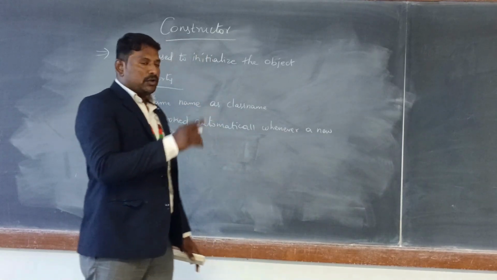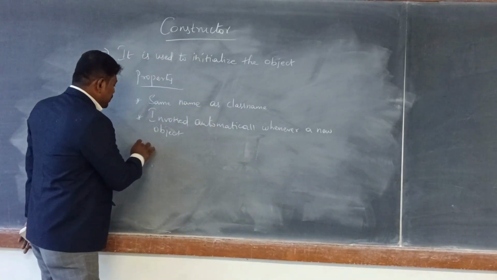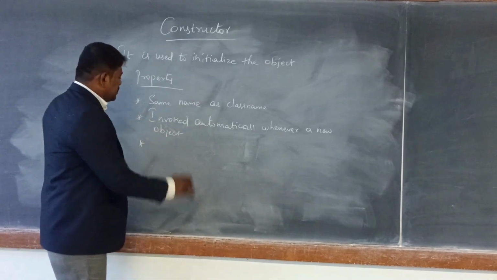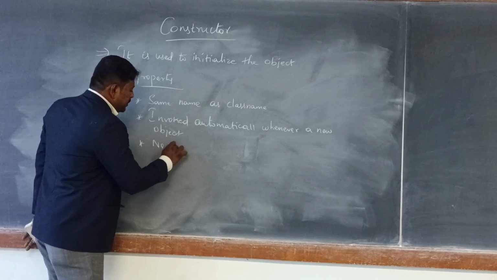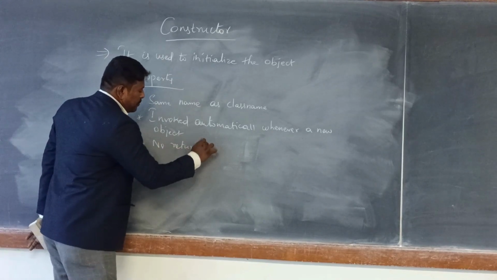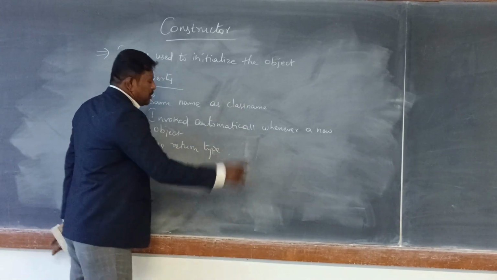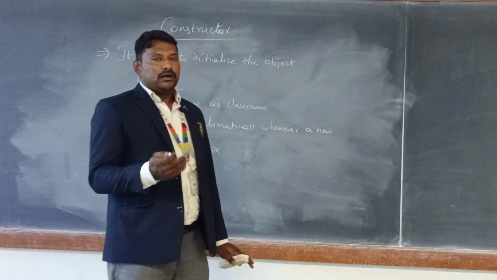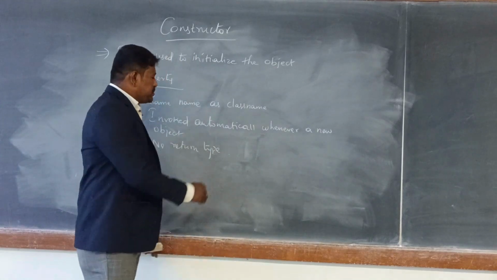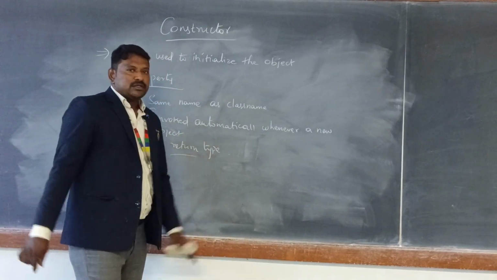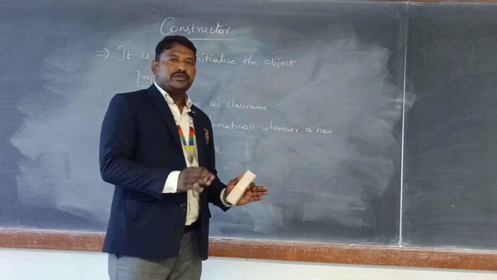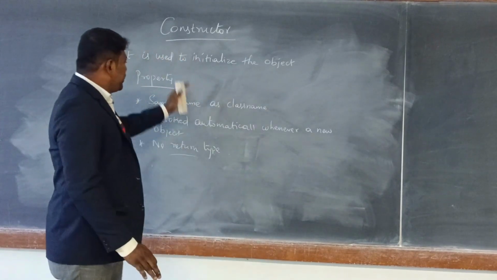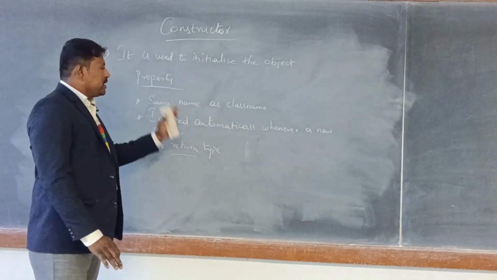And the next one, the most important property, is no return type. Because in Java, whenever we define a function, it must be declared with a return type. So in constructor we no need to use any return type. So these are the main properties of this constructor.